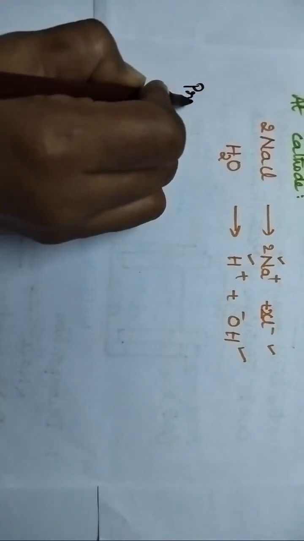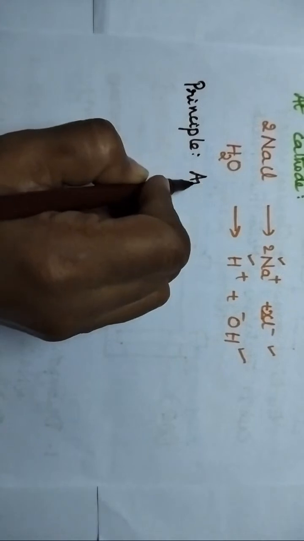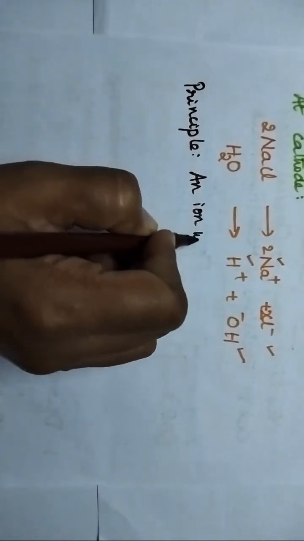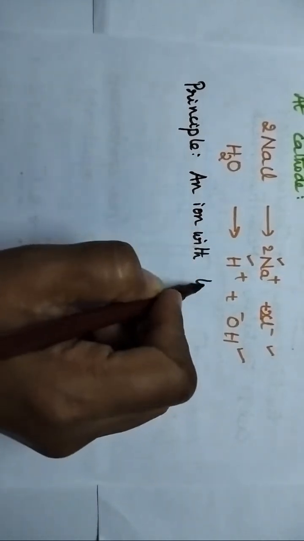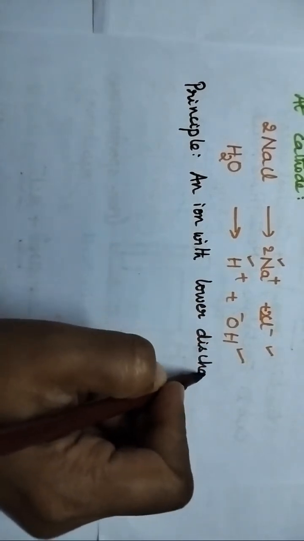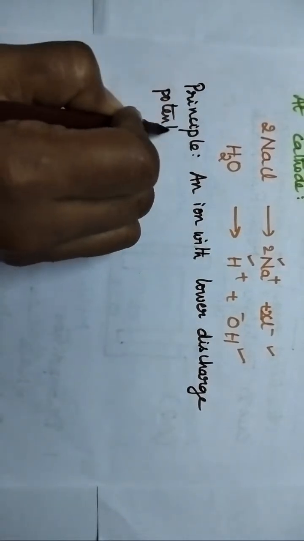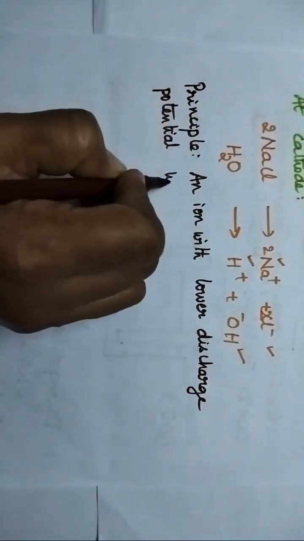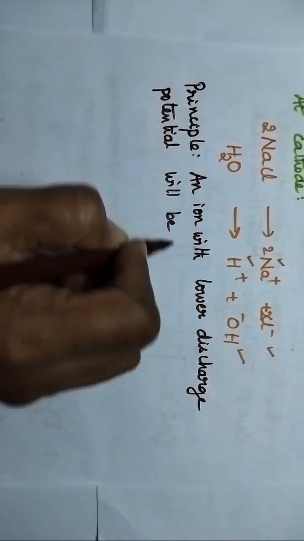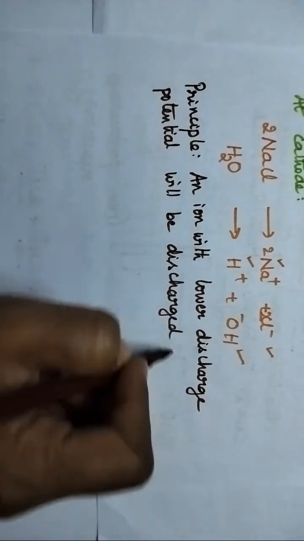The principle is: an ion with lower discharge potential will be discharged first.